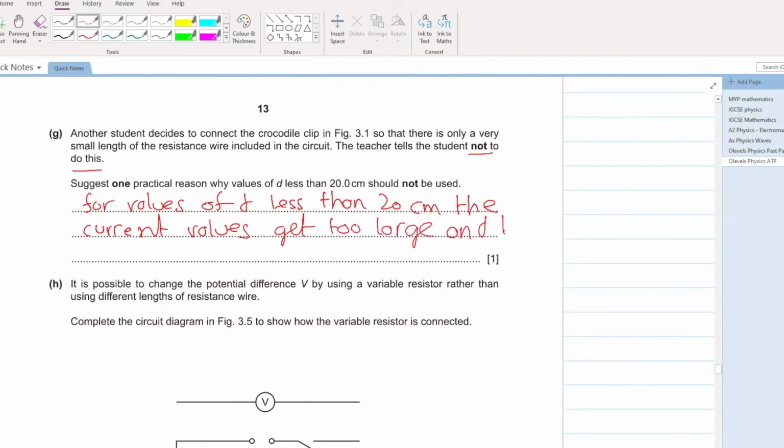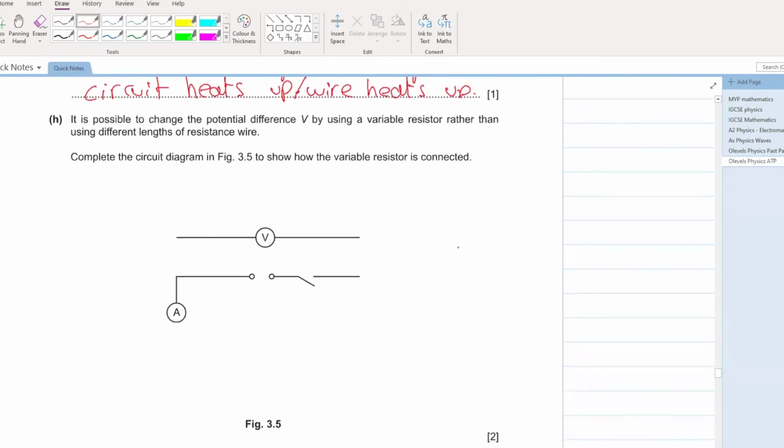Simple, the circuit heats up. Or you can also say the wire heats up. Anything works here. Wire heats up. Why? Because the current in the circuit becomes too large.